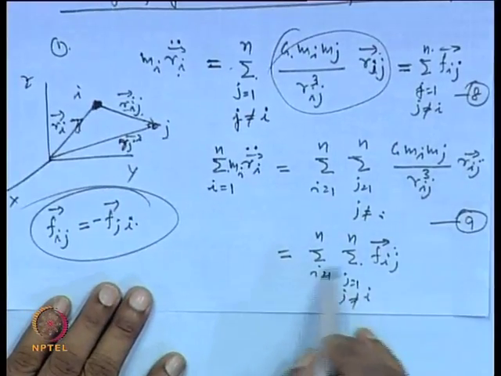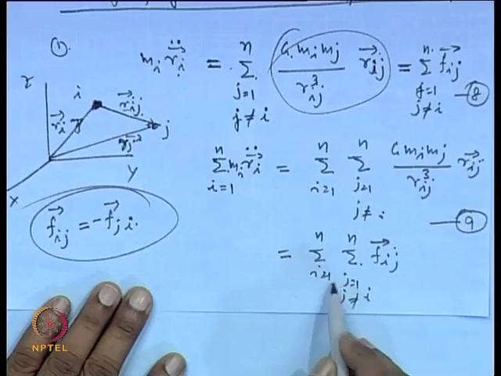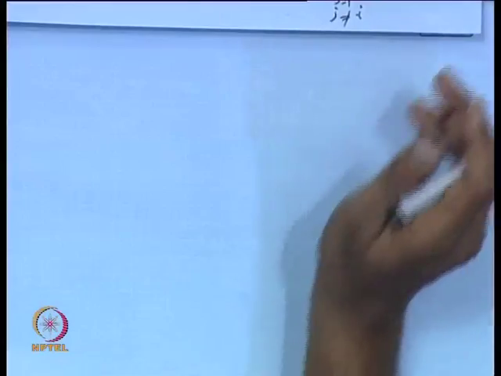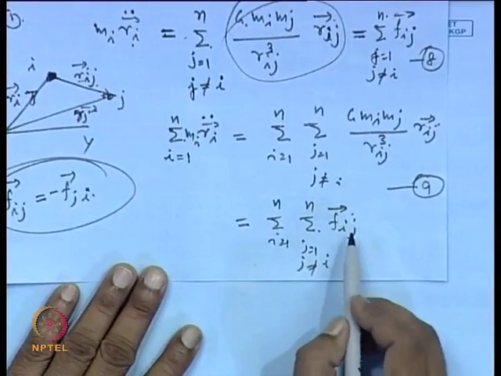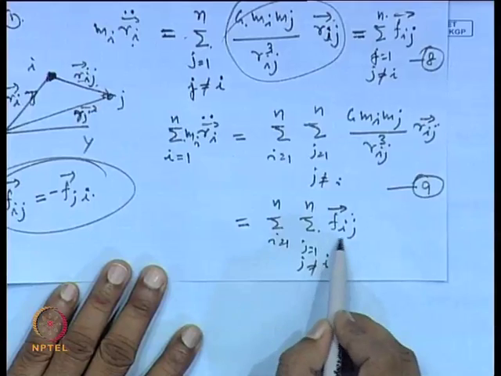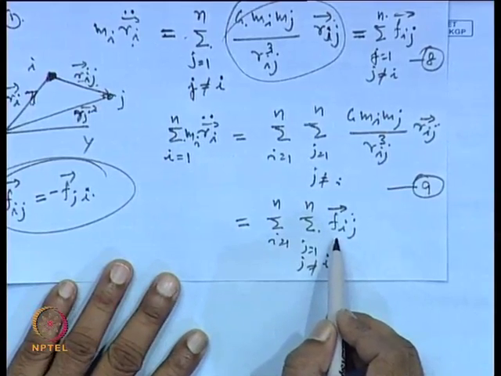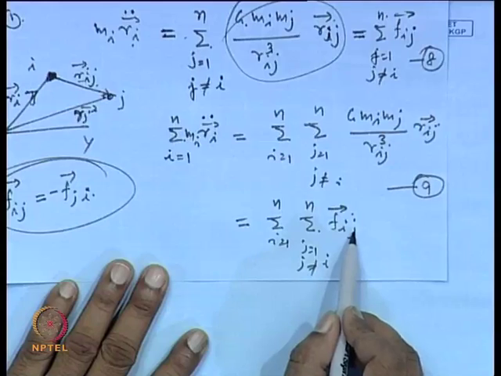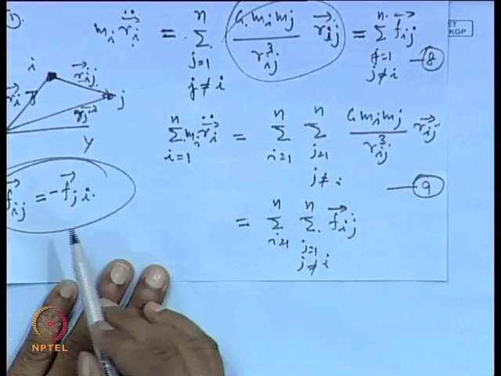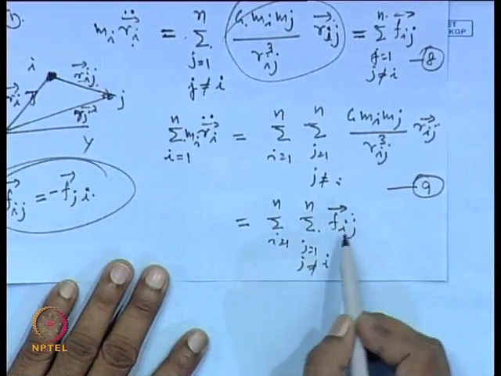If we look into this summation, it is very easy to see that they will exist in pairs. Suppose for the case where we have only two particles, 1 and 2, if we expand it, we get f_12 and then we get minus f_21.